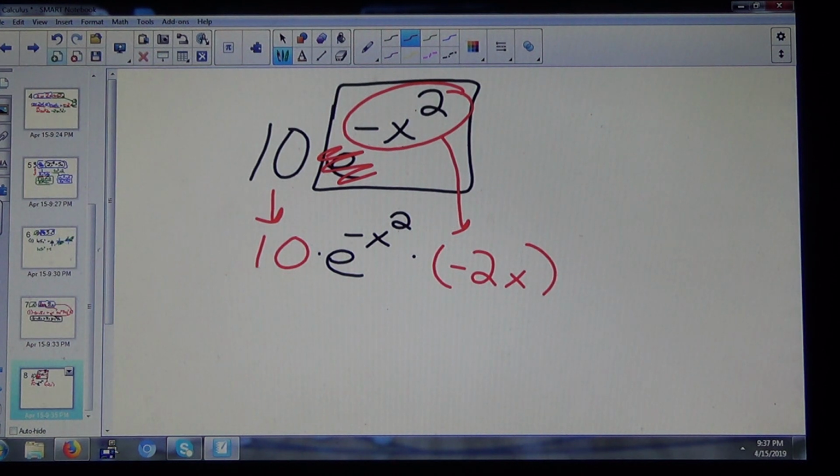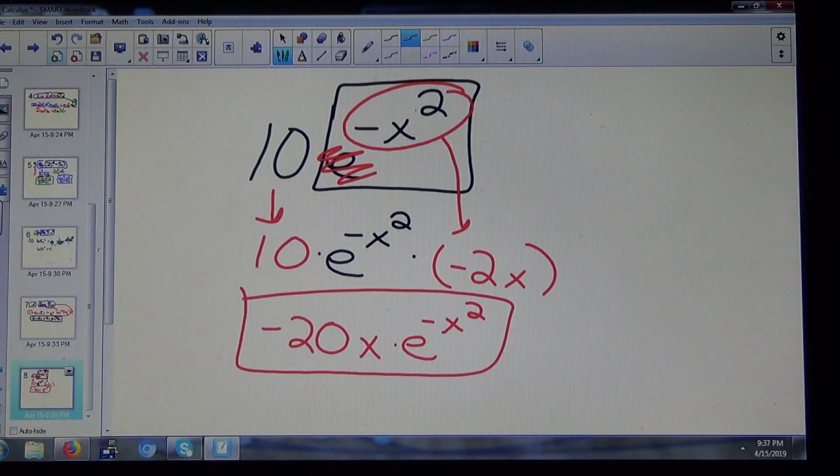Okay, so therefore if I multiply my stuff together, it would be negative 20x, and then e to the negative x squared. Okay? And that would be my derivative. Okay, let's try the next one.